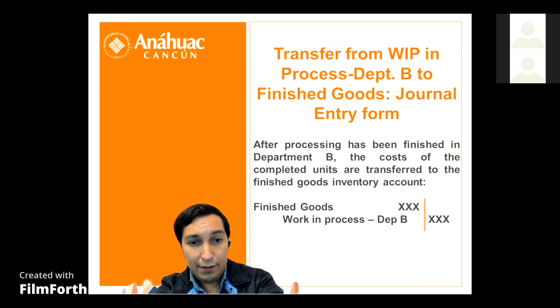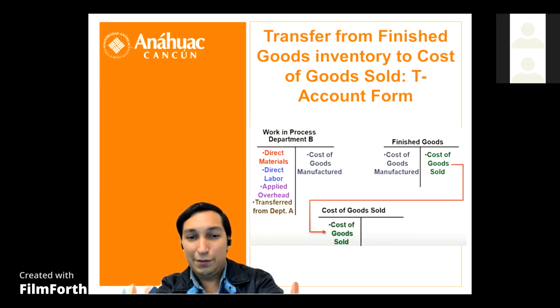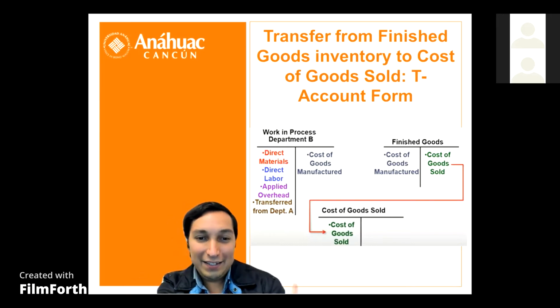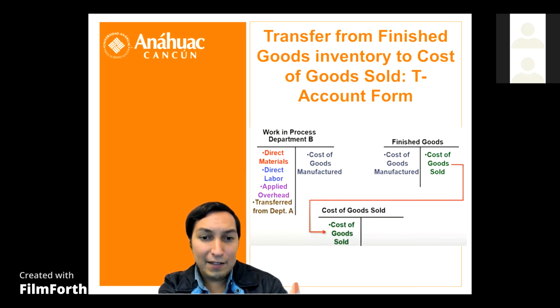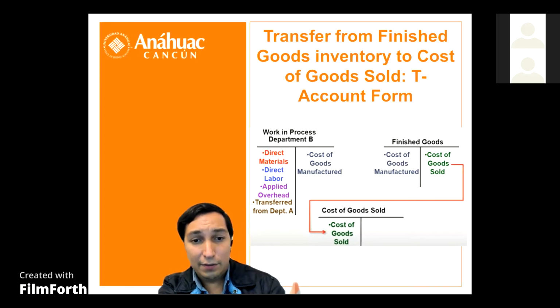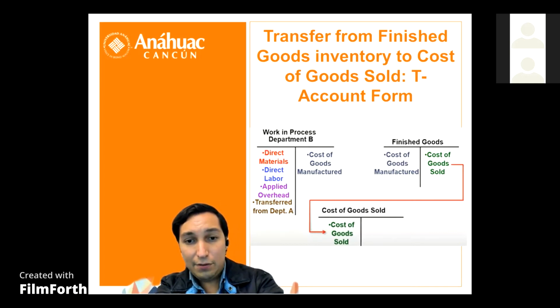And finally, what do you think will happen? Of course, we sell the product. Then it is no longer finished goods inventory. It has to move to cost of goods sold, and it gets expensed on the income statement. So that's a debit to cost of goods sold, or COGS, and a credit to finished goods.